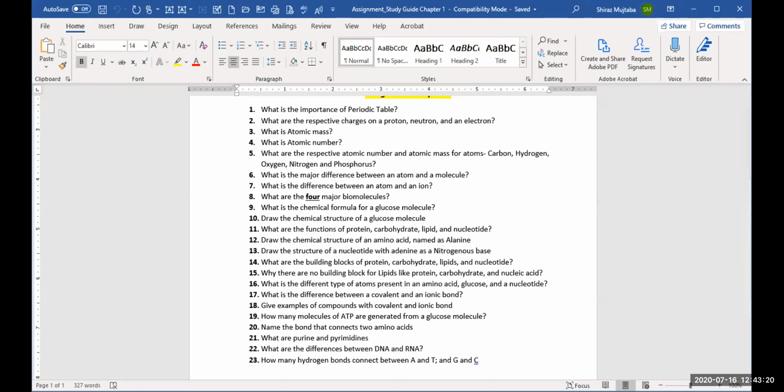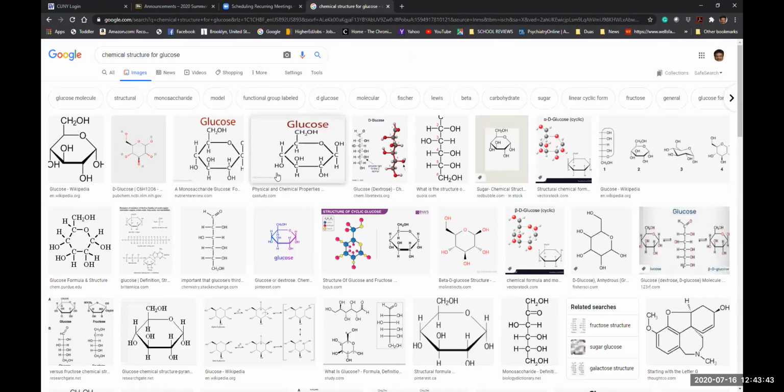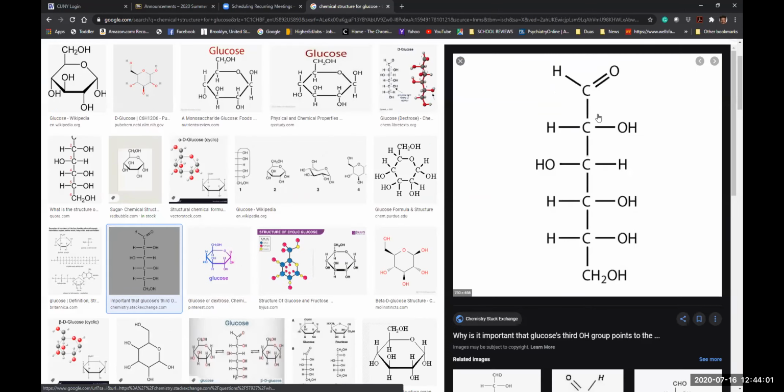So the chemical structure of glucose can be, I'm not making it on the slide, because I don't have that many tools to draw glucose, but glucose could be like this in a single chain.